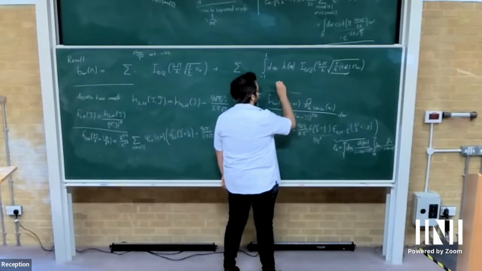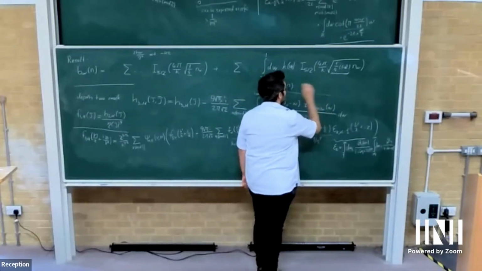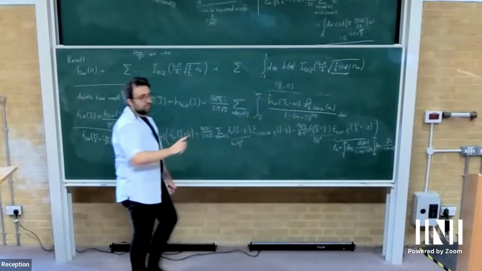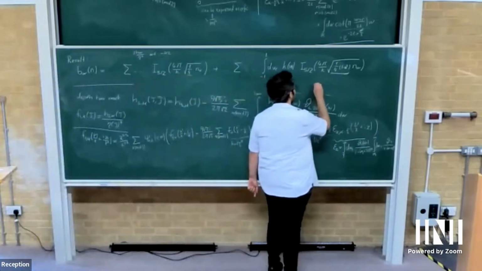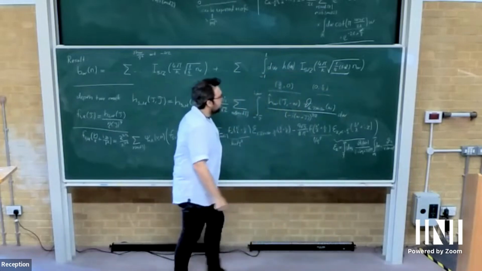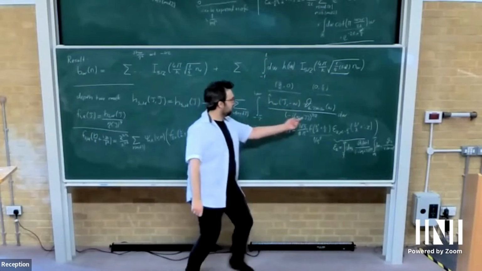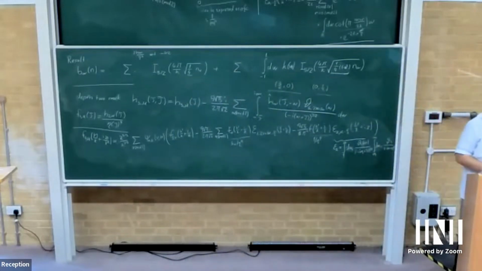This guy has weight 3/2 in tau and weight 0 in w. But it is important that it depends on w. This has weight 0 in tau and weight 1/2 in w. So the weight 1/2 in w is precisely why you see the 3 over.